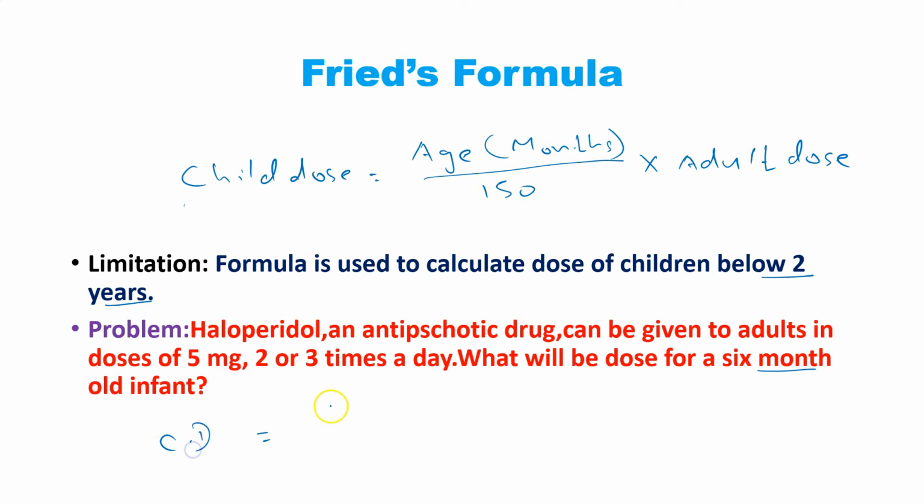Child dose: age is 6 months, divided by 150, into adult dose, which is 5 mg. So the child dose will be 0.2 mg.